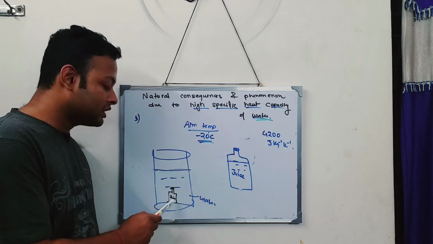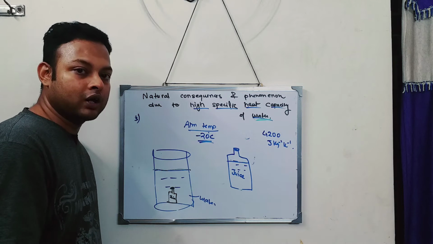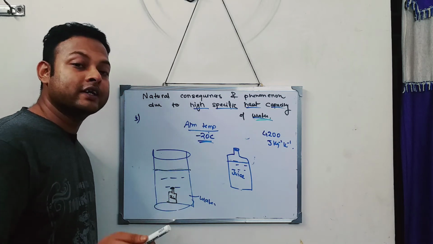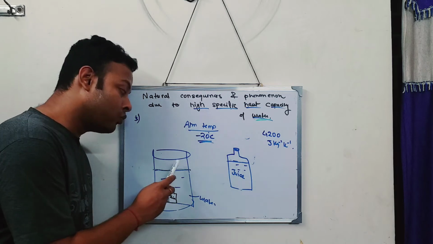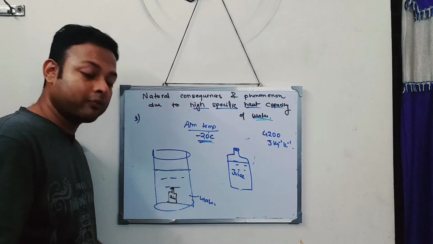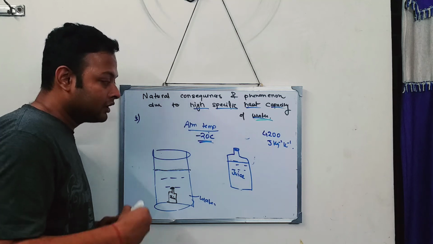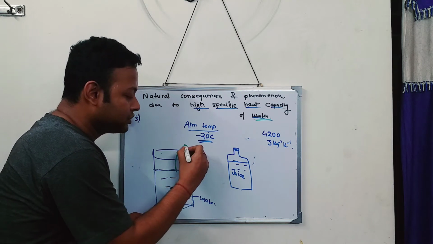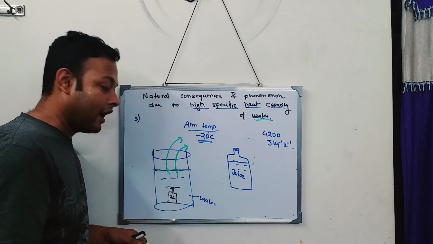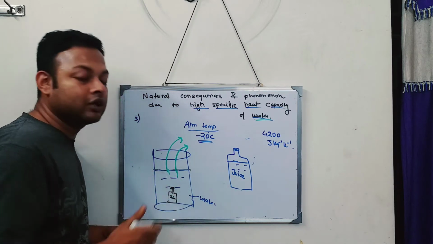But now, since the juice bottle is inside the water, the outside temperature has to extract heat from the water first, and finally it can come to the juice.